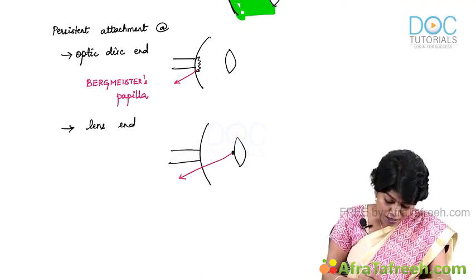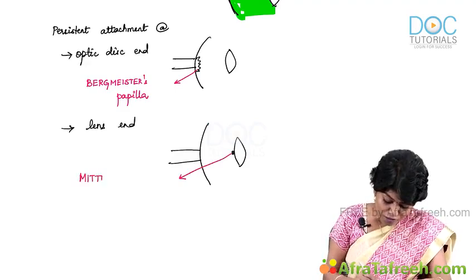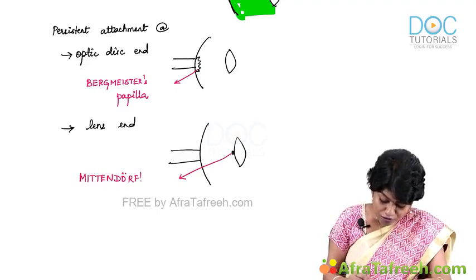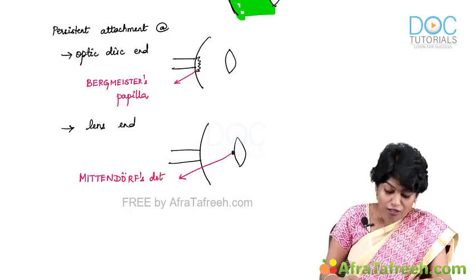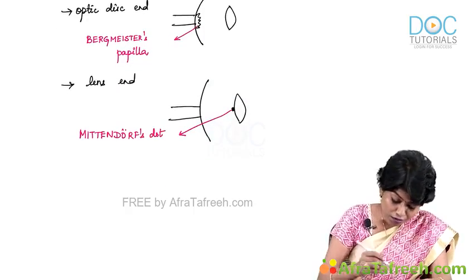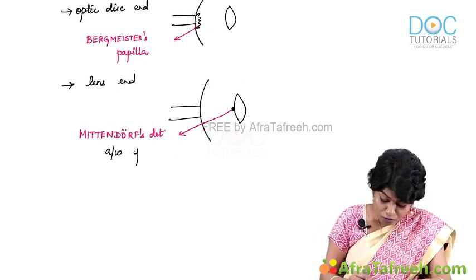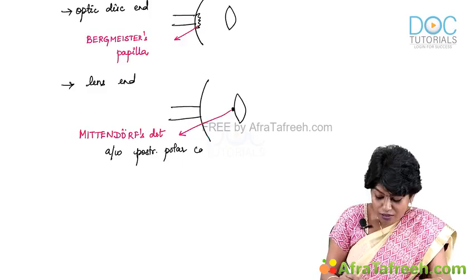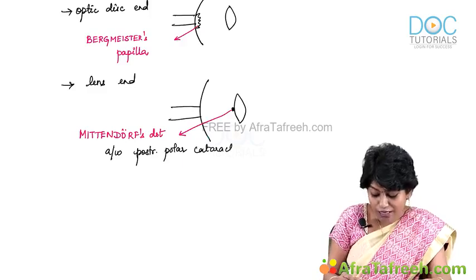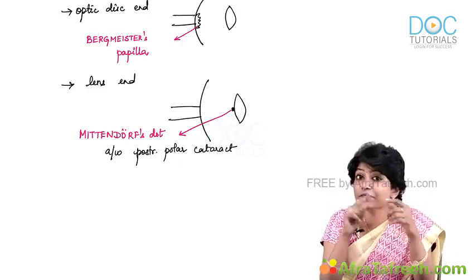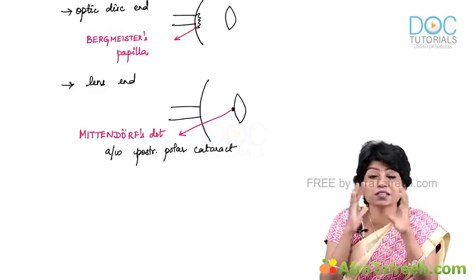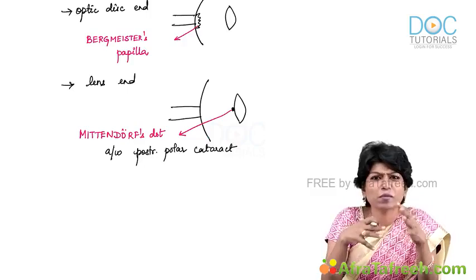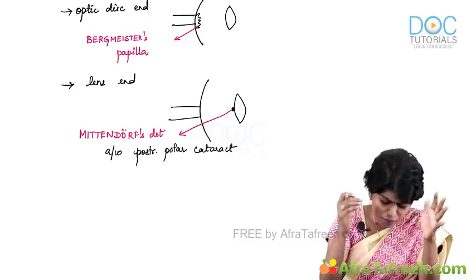This is called Mittendorf's dot, and Mittendorf's dot is associated with a posterior polar cataract. So, normally there is an empty space, Cloquet's canal. If there is persistence at the optic disc end, Bergmeister's papilla, easy to remember. What is the other name for optic disc? Papilla. So, Bergmeister's papilla.